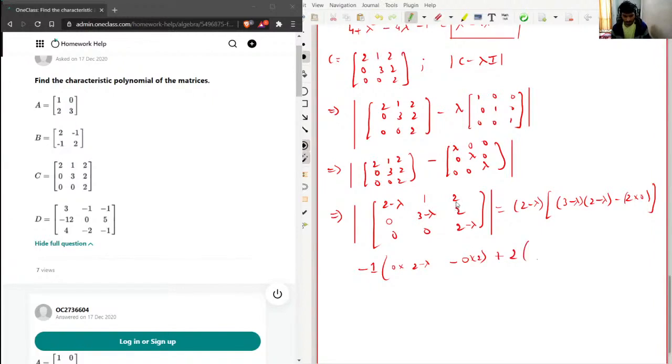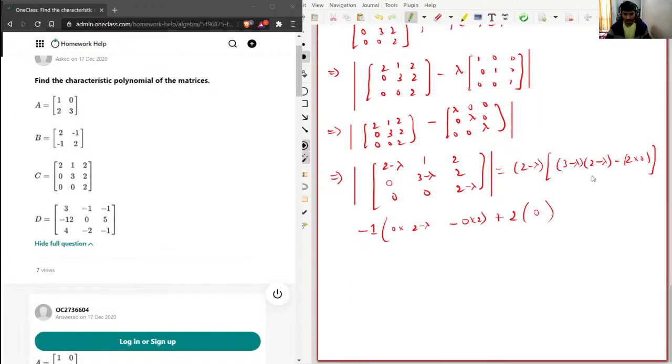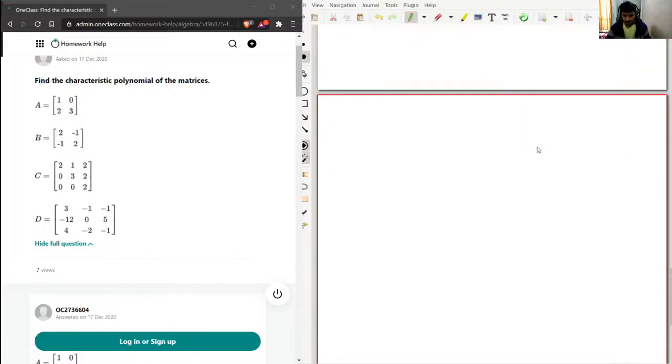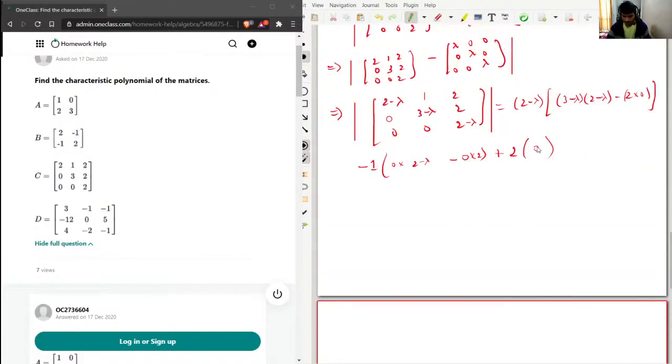So this column will be fixed and this row will be fixed. 0 into 0 minus, I'll just write a 0 here. Okay, so we can clearly see that this part will be 0. So we'll have just these three terms.